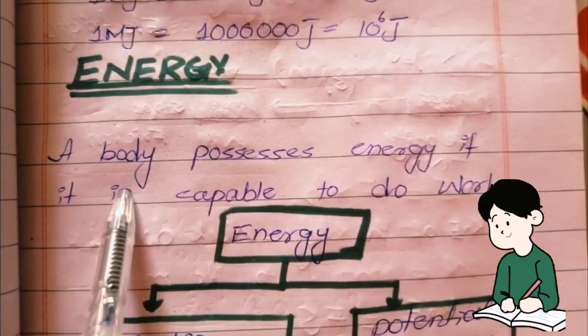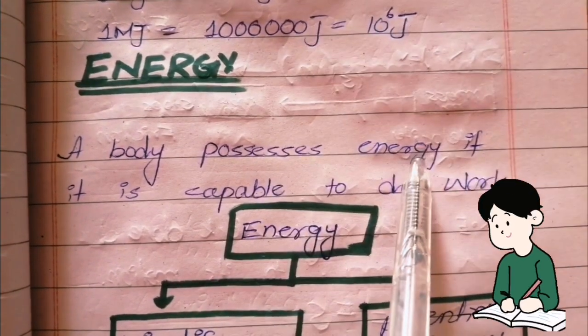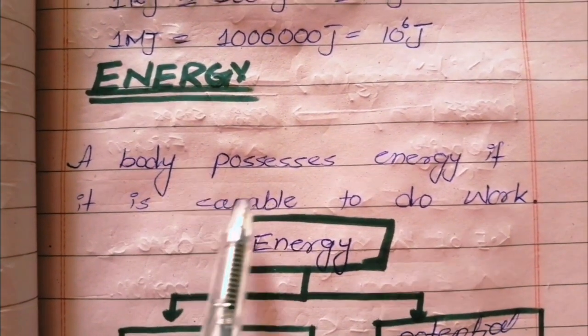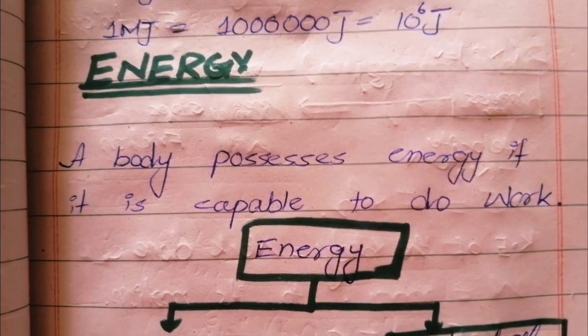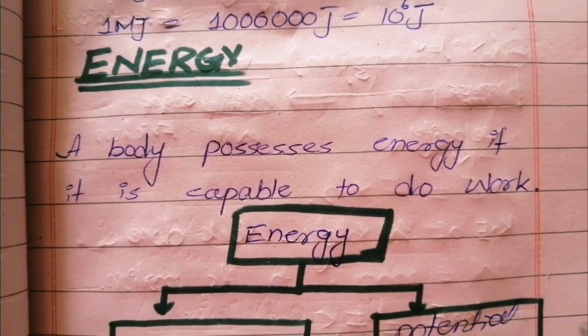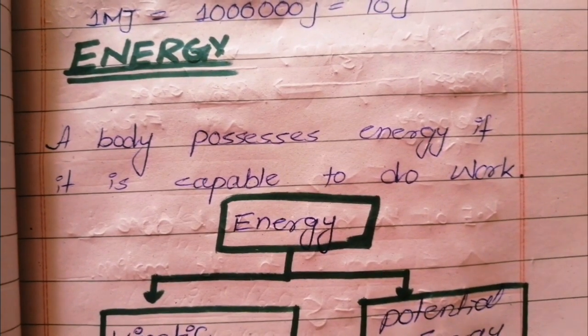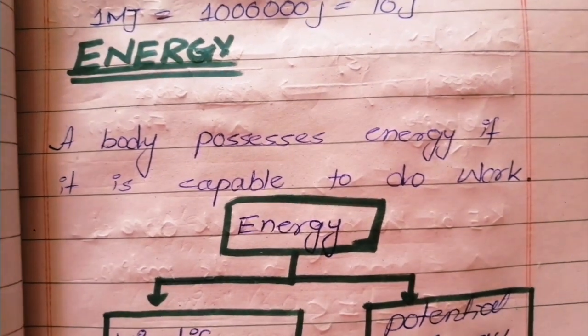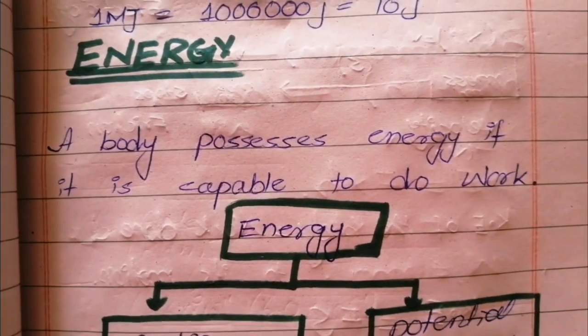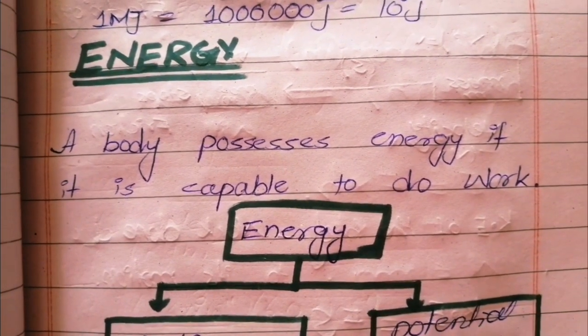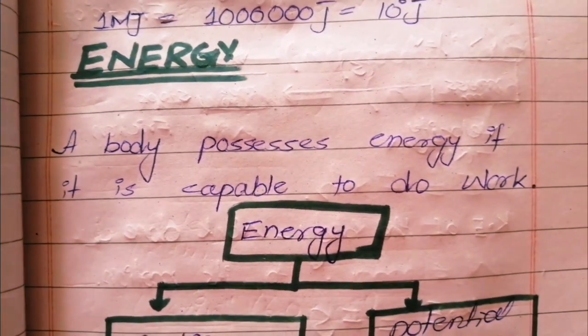Energy. A body possesses energy if it is capable of doing work. So, a body is performing any work due to the presence of energy inside it. If energy is not present in a body, the body is not able to perform any work.